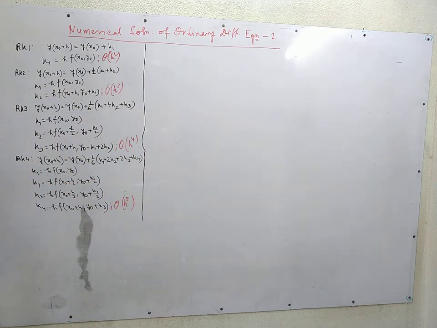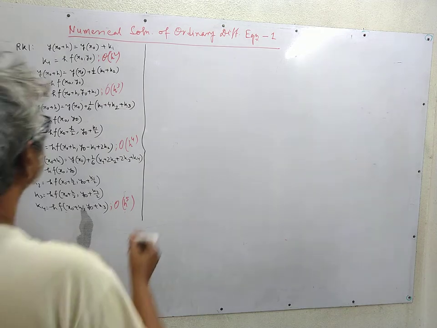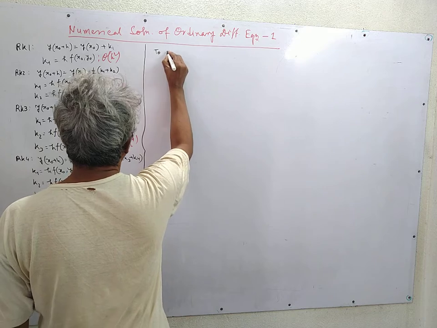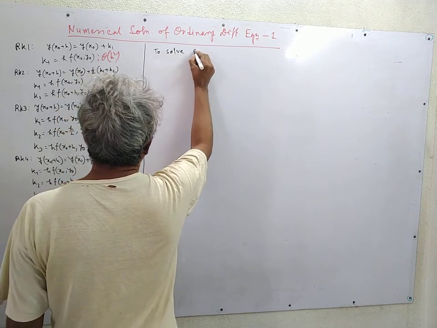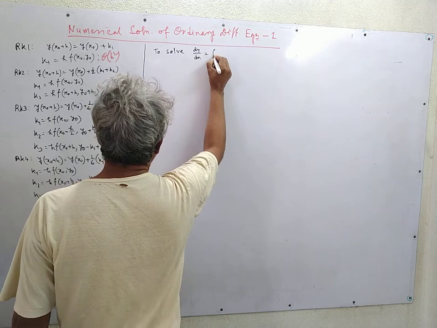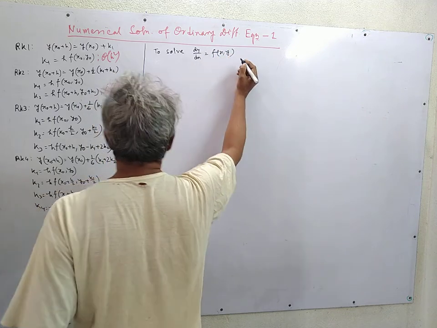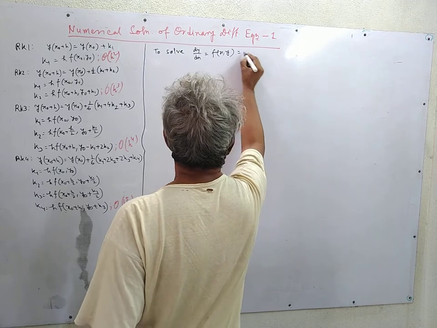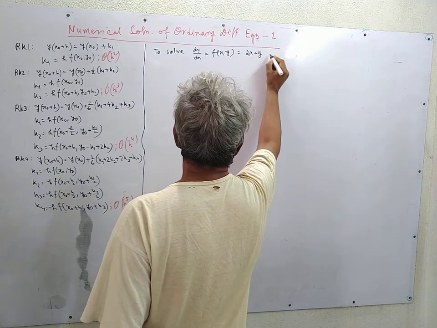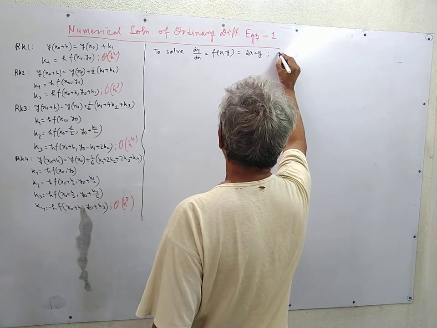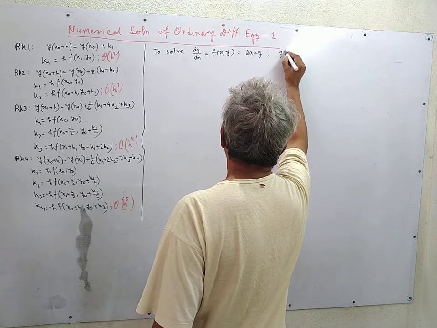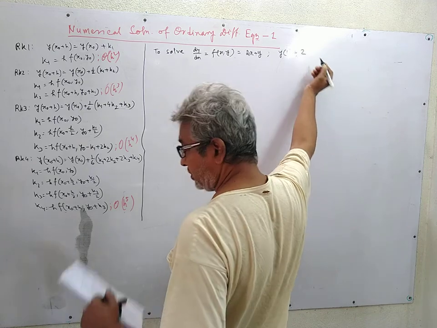We shall apply this method to a very simple equation to demonstrate what the method is, and I will send you the detailed calculation in the WhatsApp group. The aim is to solve dy/dx equal to f of x, y equal to 2x plus y. The boundary condition is y at 1 is equal to 2.